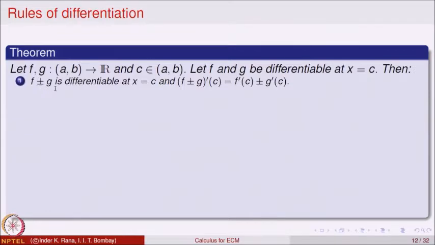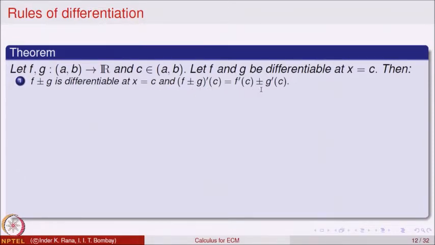If you add two differentiable functions, then the sum and the difference are also differentiable at the point x equal to c, and the derivative of f plus or minus g at c is the derivative of f plus or minus the derivative of g. So, the derivative of the sum is equal to the sum of the derivatives, and the derivative of the difference is equal to the difference of the derivatives.